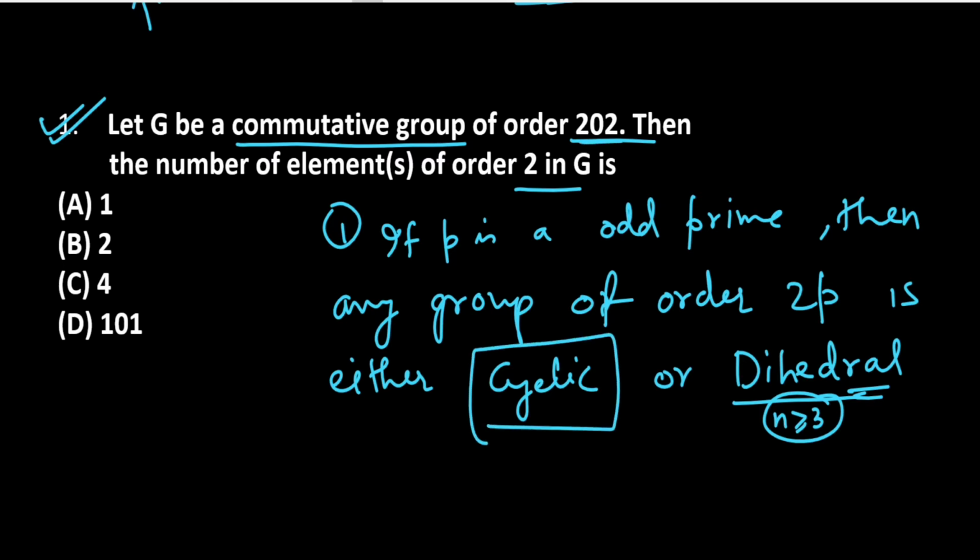It is also noted that 202 equals 2 into 101, which is of the form 2p, and 101 is equal to p, which is an odd prime.